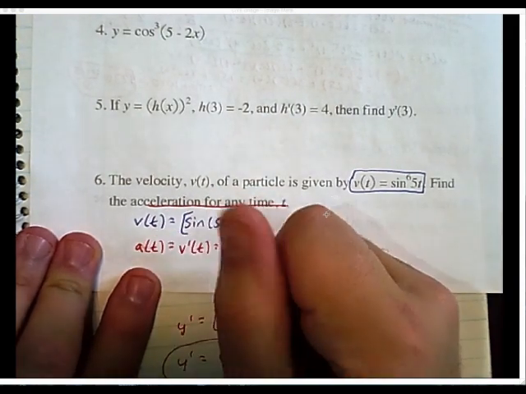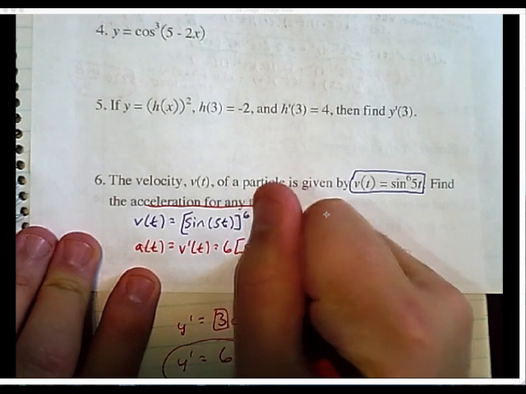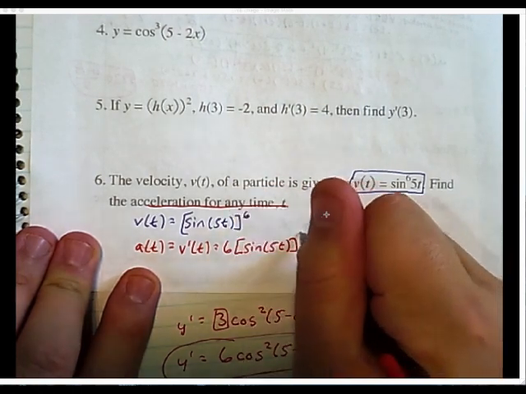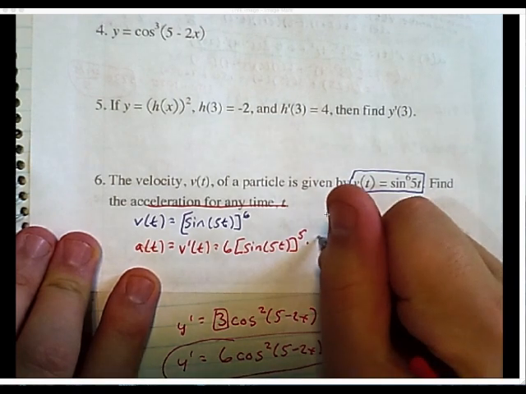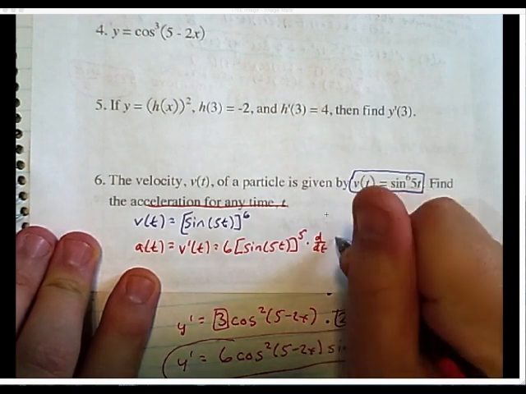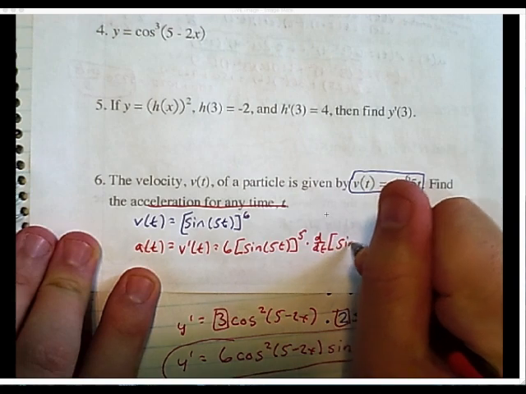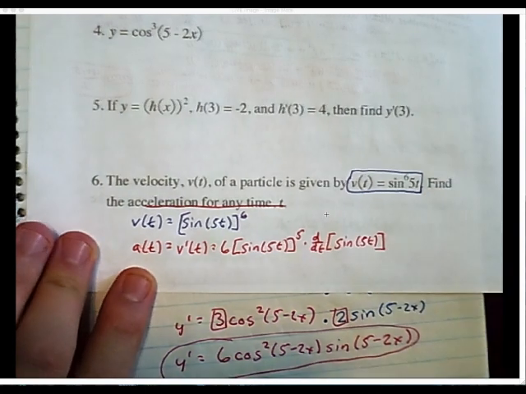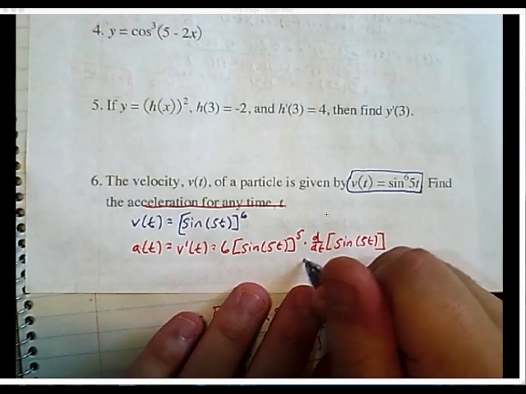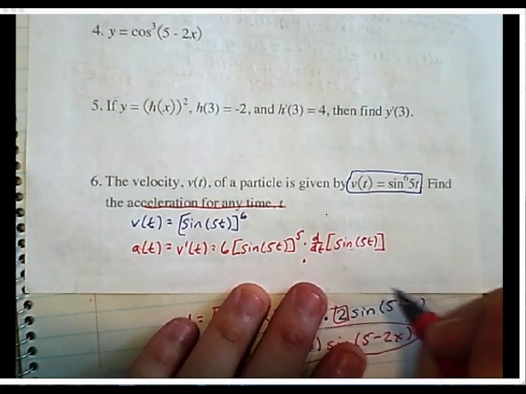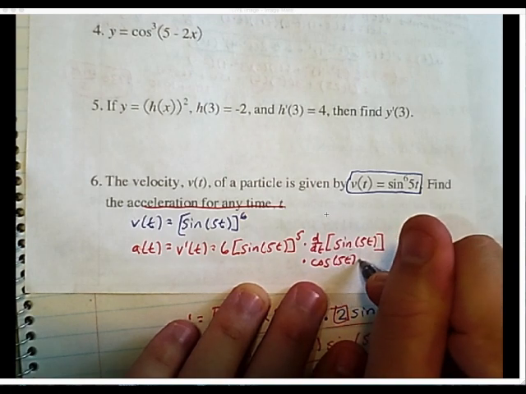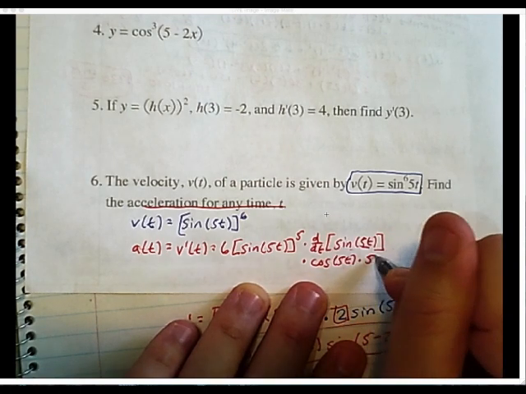So the 6 comes out front. The inside stays the same. The power gets reduced by 1 times the derivative of the inside. The derivative of the inside function is sine of 5t. Now to find the derivative of that, you got to do chain rule again. Derivative of sine is cosine with respect to the 5t times the derivative of 5t.